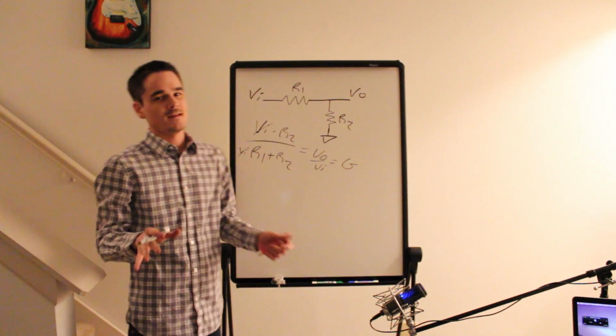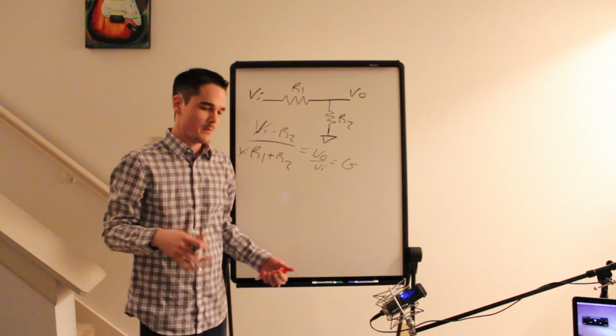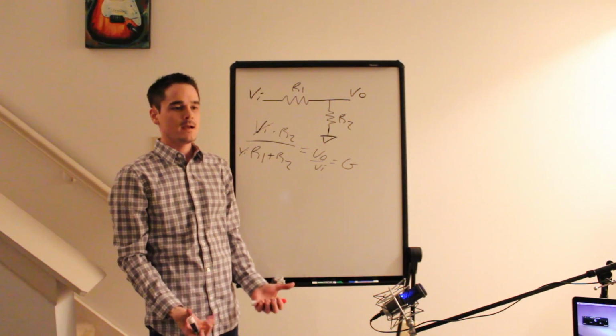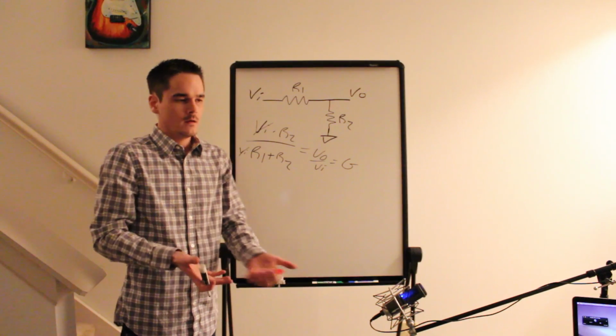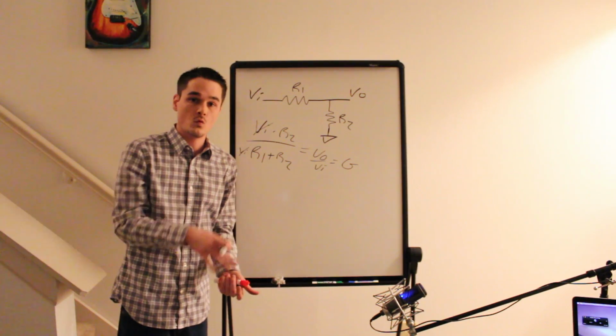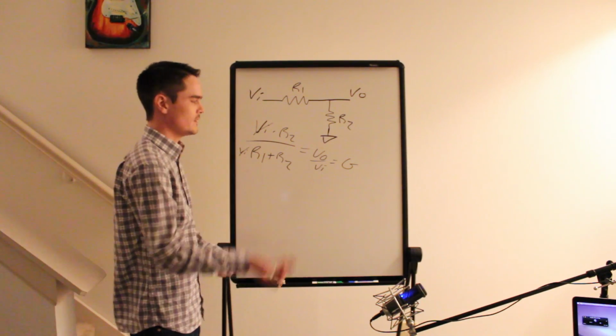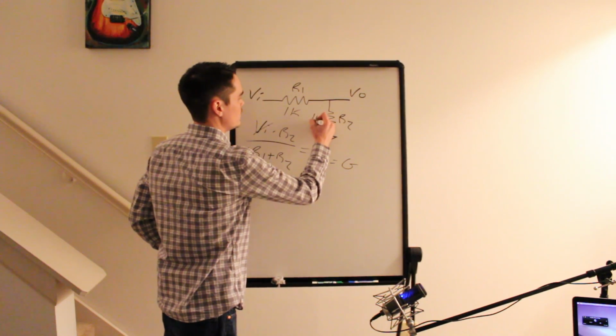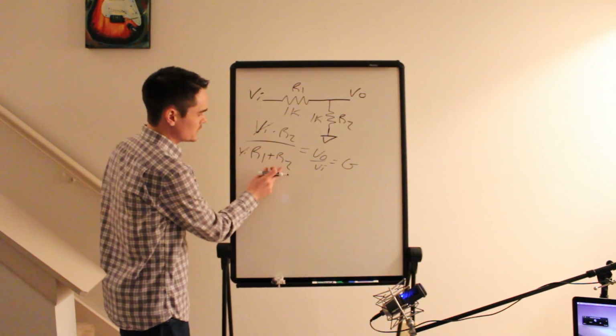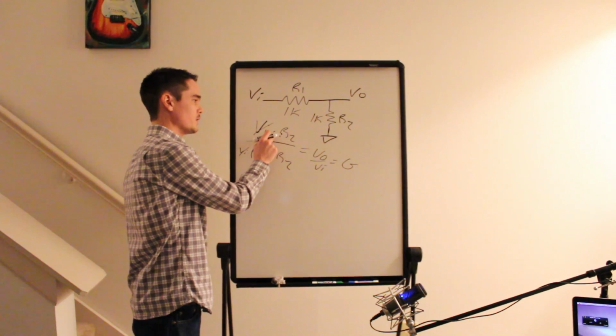One thing that's always confusing when you talk about gain is you usually think of gaining something up. But gain doesn't have to gain something up. It could also be a gain of less than 1, like 0.5. In fact, if we made this a 1K and a 1K, we take that 1 plus 1, that's 2, over R2, 1.